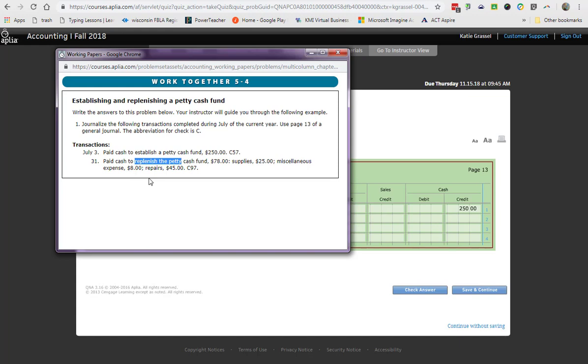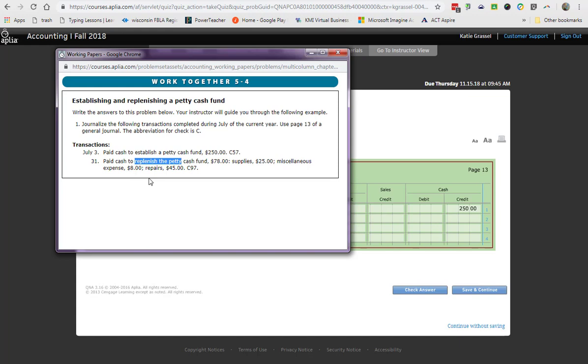And because we had spent cash on those items throughout the month, we have to get that journalized and recorded. So supplies is going to be debited $25. Miscellaneous expense is going to be debited $8, and repairs expense is going to be debited $45. So we're going to have a transaction that's actually going to take 3 lines, because we have all of those that need to be affected.